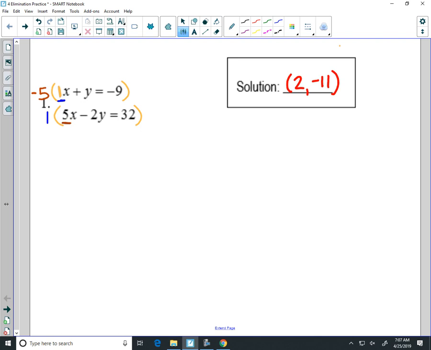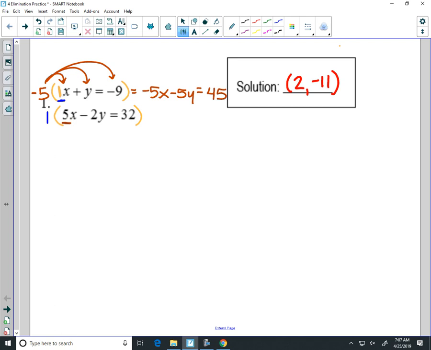And now we're going to distribute that through. What's going to happen is we're making the problem work for us. We are going to make our x's cancel. So when I do negative 5 times 1x, I get negative 5x. Negative 5 times y is negative 5y. Negative 5 times negative 9 is positive 45.